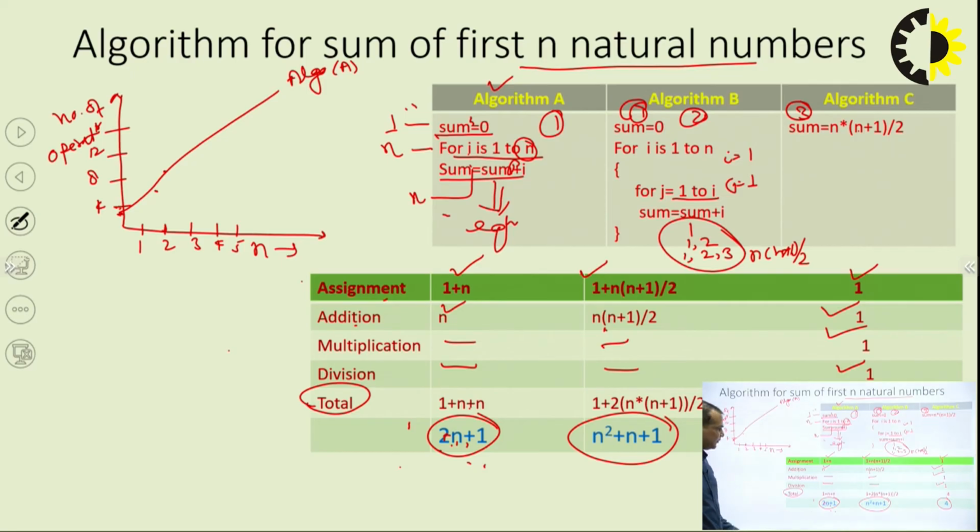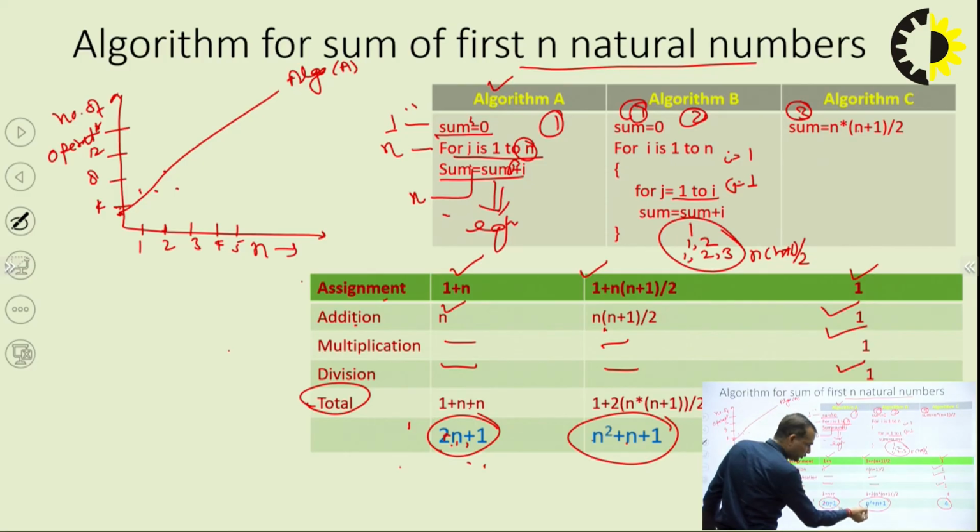Clear? Now the same we apply here. Now we put n equal to, suppose, 1. It starts from 1. Now n equal to 1, 1 plus 1 is 2 plus 1, that is 3. For n equal to 1, 3.